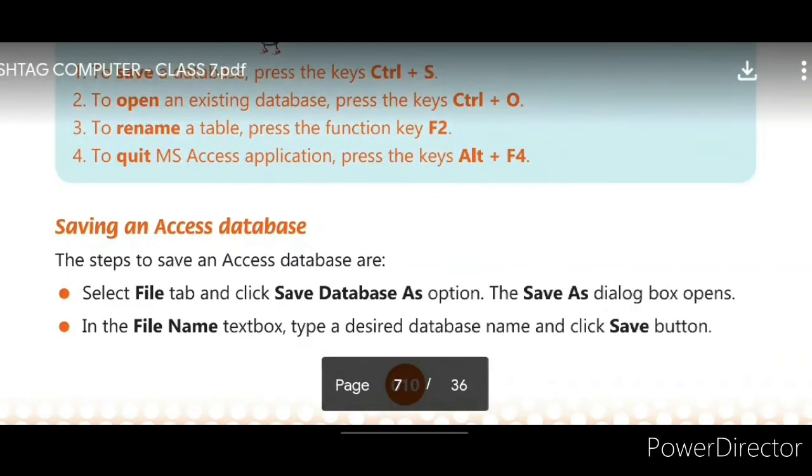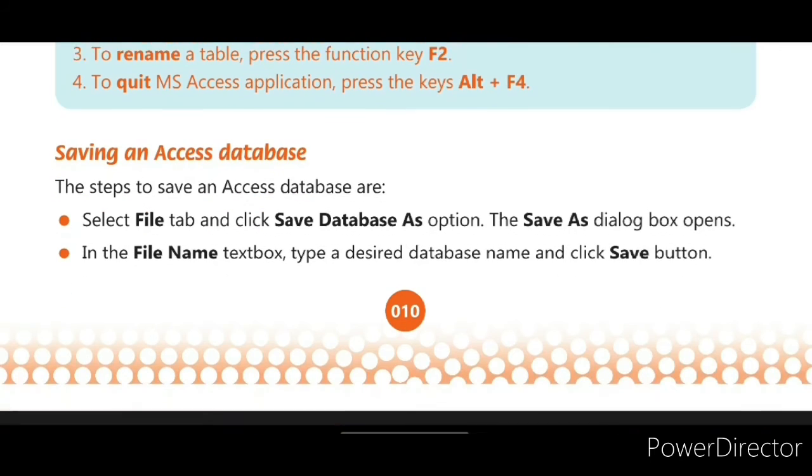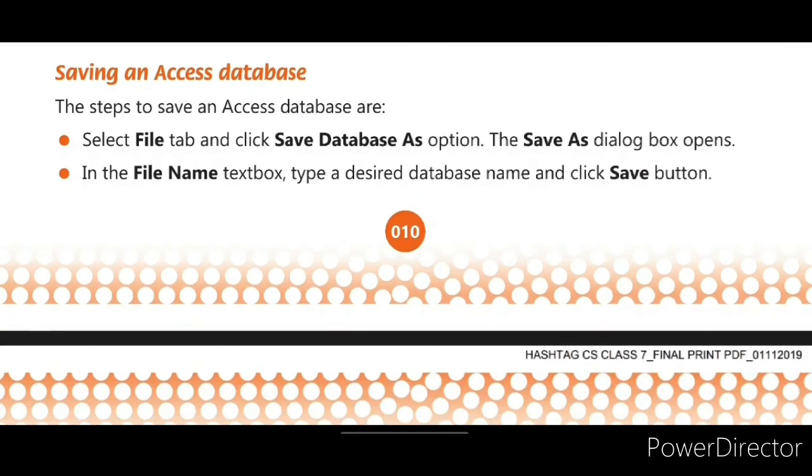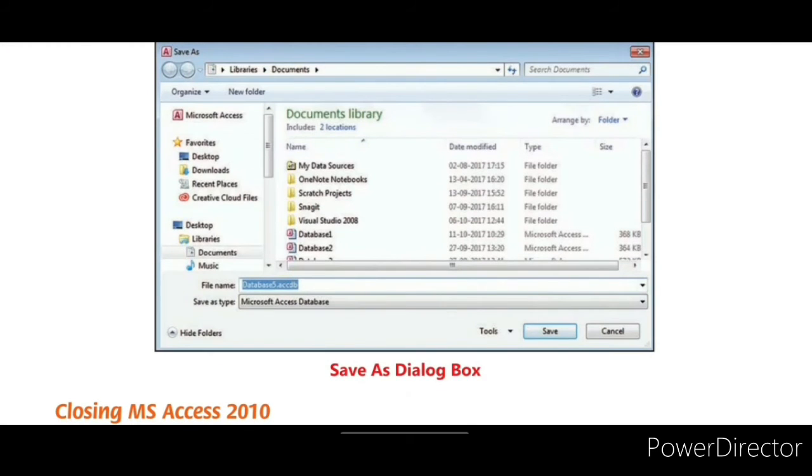Next we'll see how to save an Access database. We have worked with the database, and next we are going to save it. The steps to save an Access database are: select the File tab and click the Save Database As option. A dialog box will appear. In the file name text box, type the name you want to give the database and click the Save button. This is the Save As dialog box.